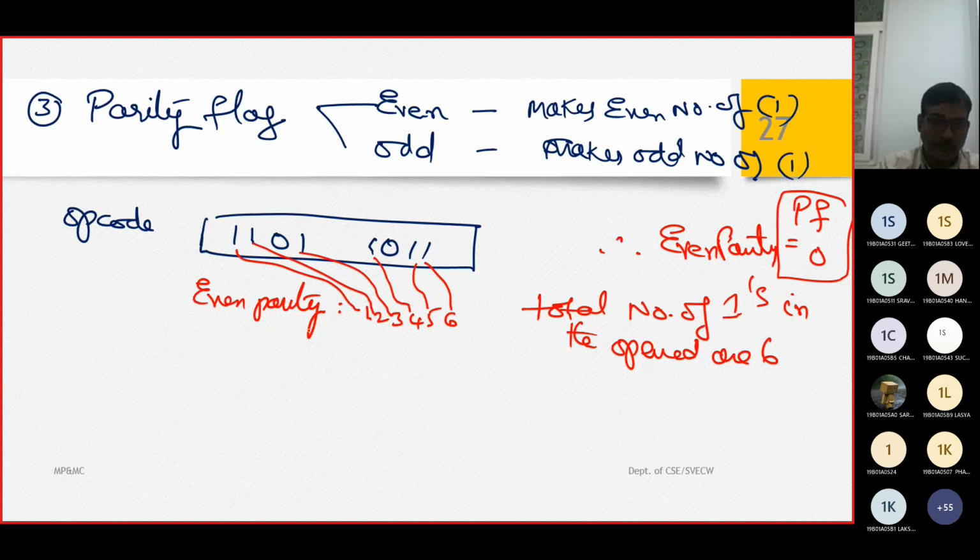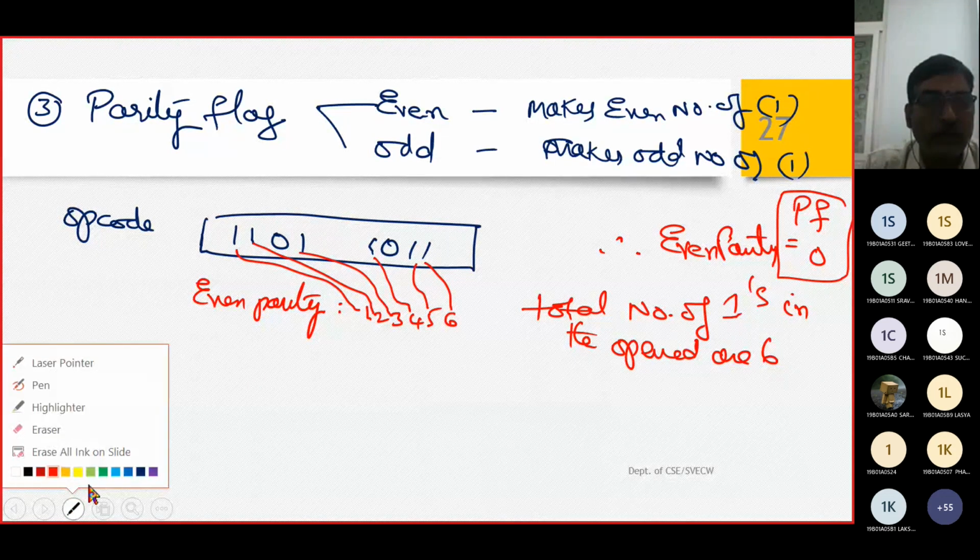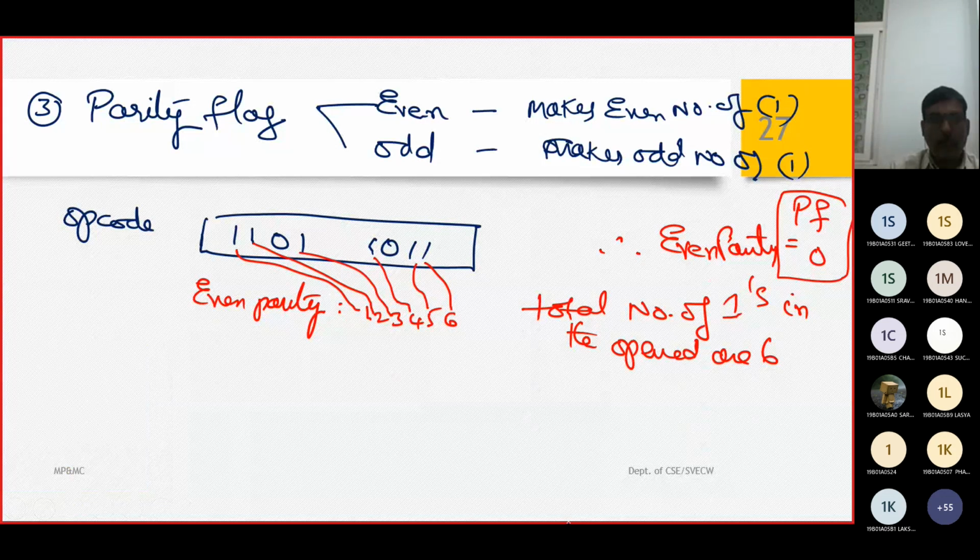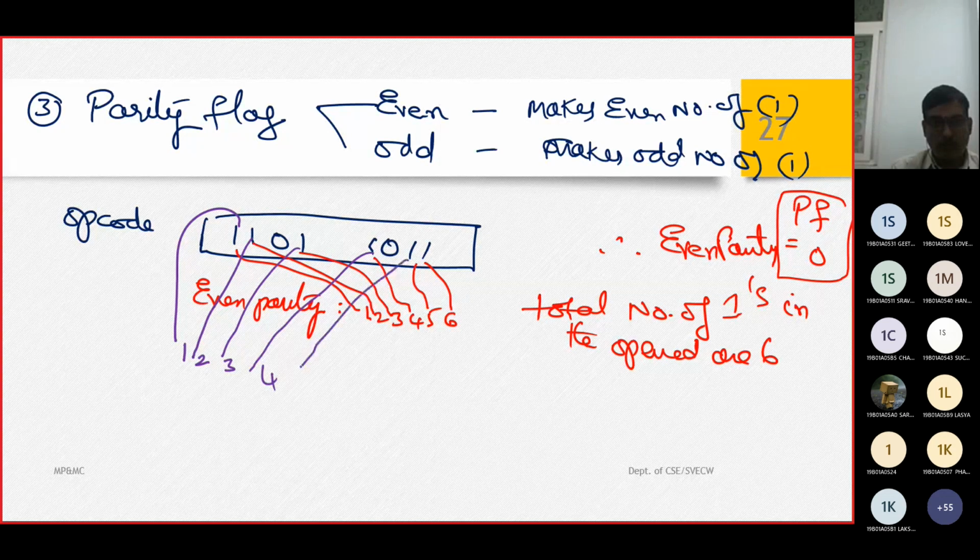Now let us illustrate the same example again. 1, 2, 3, 4, 5 and 6 ones are there.